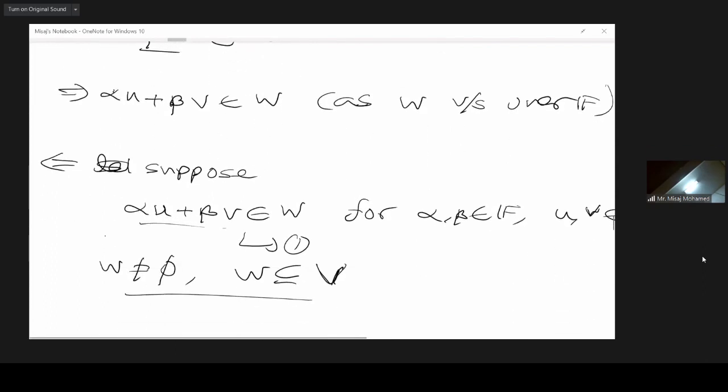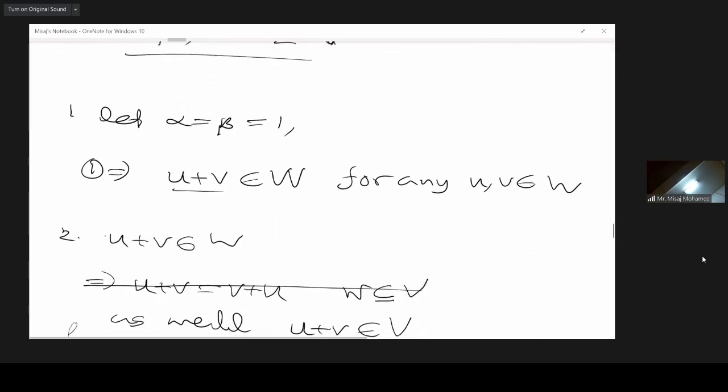For the reverse way, I have used the alpha u plus beta v combination to show that, given that W is non-empty and W is a subset, W is a vector space over F with the same scalar multiplication and vector addition in V. I have done that one by one.